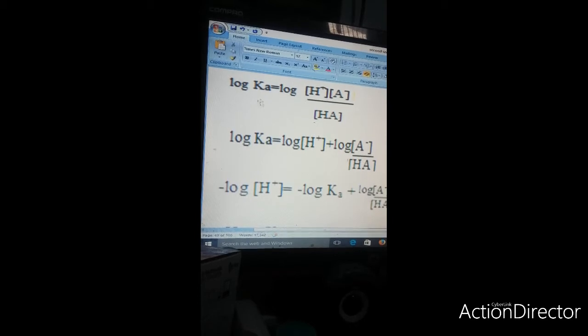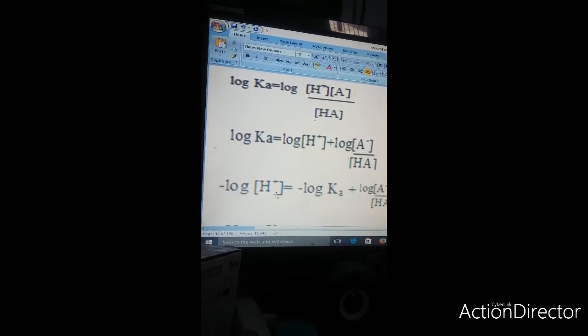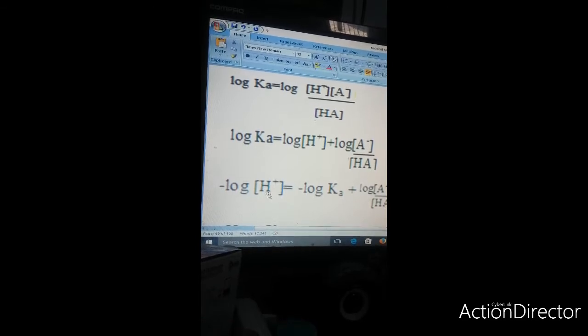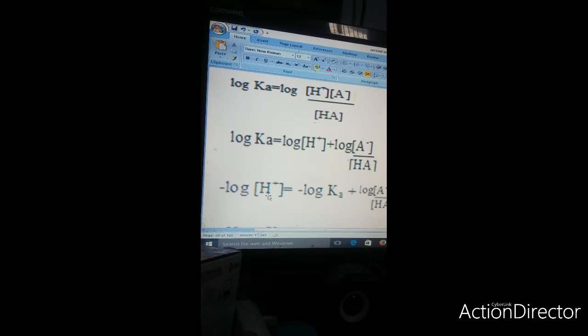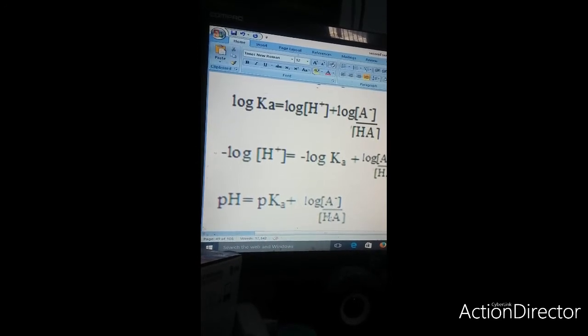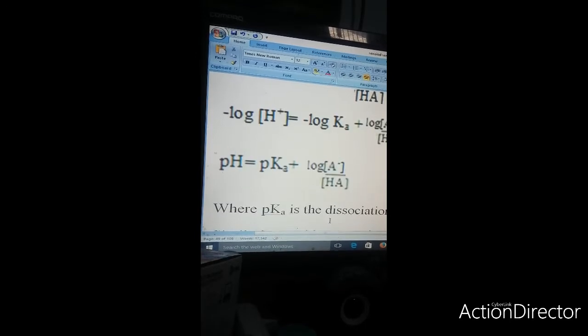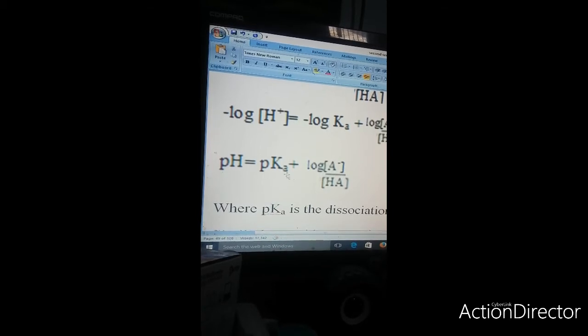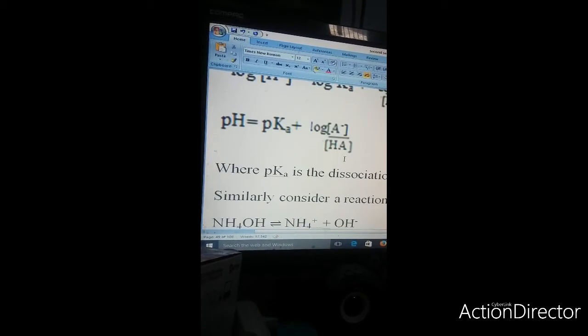So this will be negative log of H plus equals negative log of Ka plus log of, now A negative is nothing but salt and HA is acid. Minus log of H plus is pH, and minus log of Ka is pKa, that is the dissociation constant of the acid, plus log of salt upon acid. So this is how to find the pH value. Here pKa is the dissociation constant of an acid.